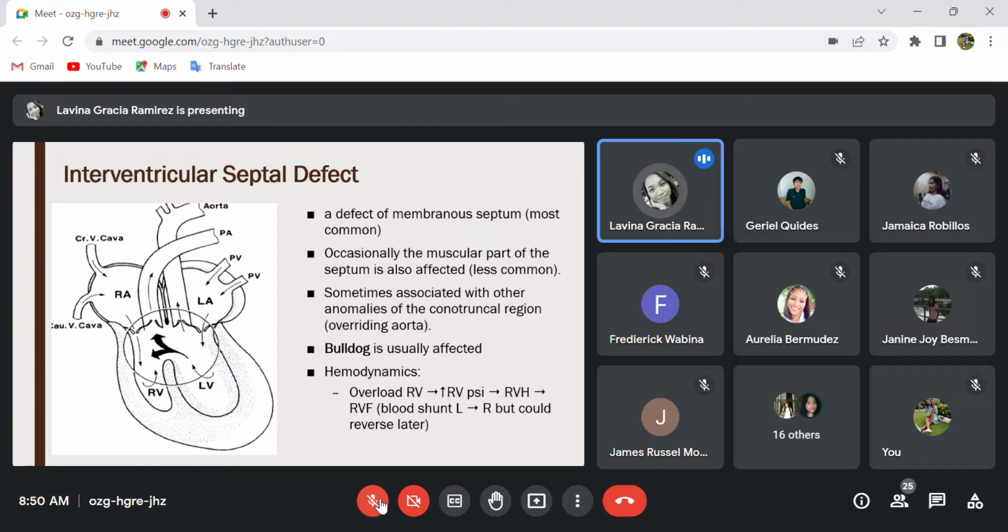So there will be right ventricular failure. That is when blood shunts left to right, but it could not reverse later. So hindi na makabalik, but there's a shunting from left to right. Okay. So yung left, so there is oxygenated, papunta sa deoxygenated, then hindi na siya babalik, but basta circulate. So that will be a problem.